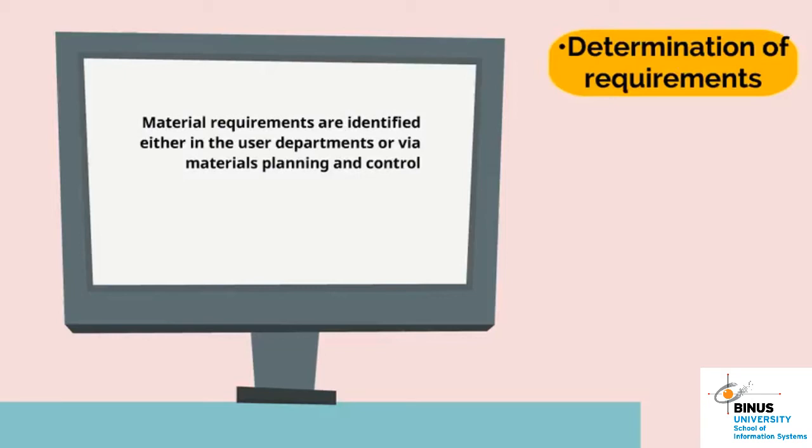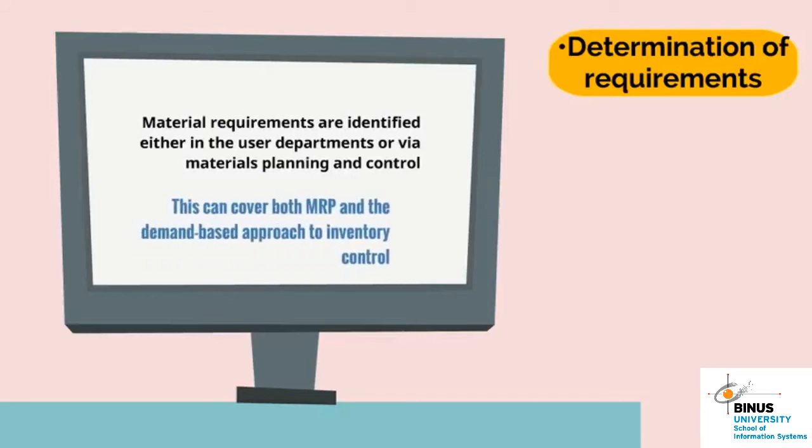You can enter purchase requisitions yourself, or they can be generated automatically by the materials planning and control system. This can cover both MRP and the demand-based approach to inventory control. The regular checking of stock levels of materials defined by master records, use of the order point method, and forecasting on the basis of past usage are important aspects of inventory control.